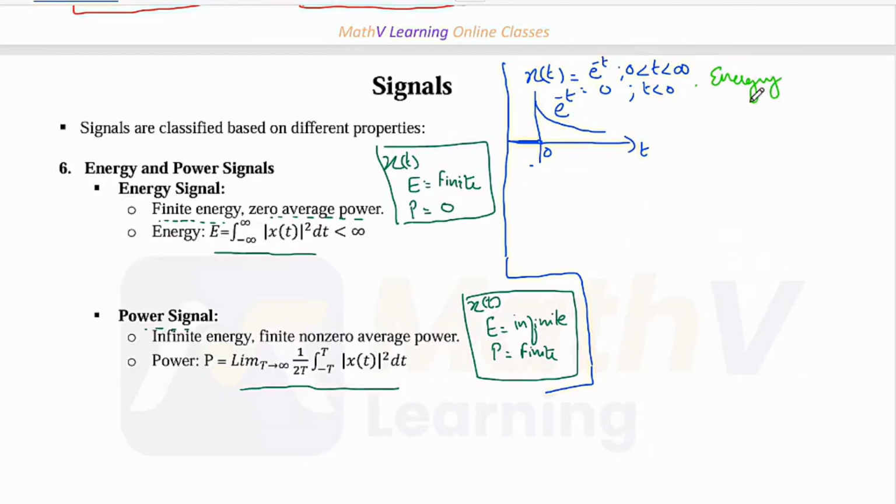So the energy E is integral minus infinity to infinity of mod x of t square dt.